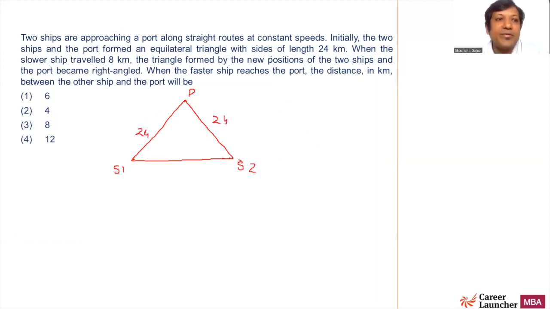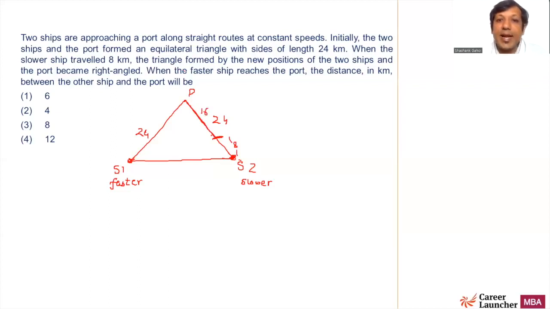Now it says when the slower ship traveled 8 kilometers. So let's say this is the slower ship and this is the faster ship. Now when the slower ship travels a distance of 8, it reaches somewhere here, so the remaining length is going to be 16.